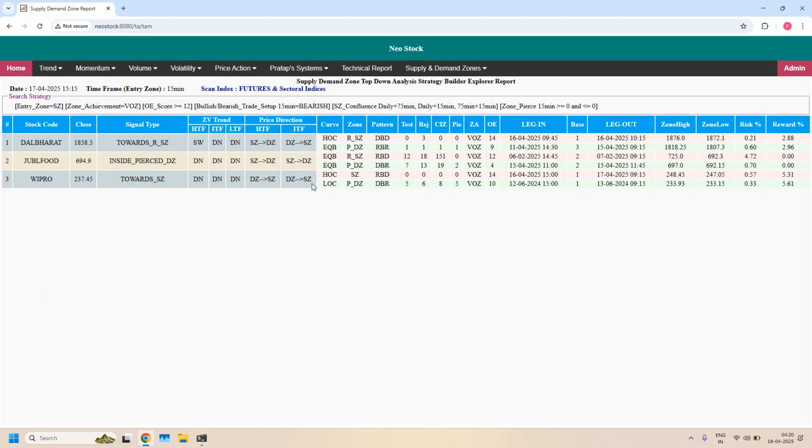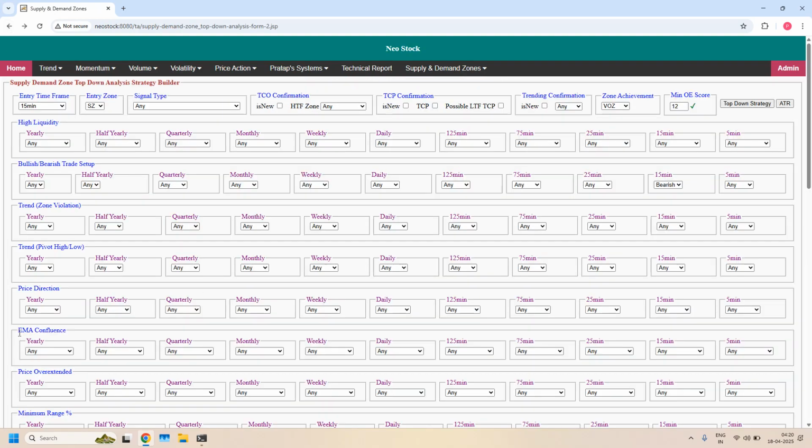Now let us check if any of the daily supply zones are having daily EMA confluence from this list. But first one we have to eliminate sideways trend. In the remaining 2 stocks we need to check. So I am going back. In the EMA confluence at a daily time frame, I am checking any daily supply zone having daily EMA confluence or not.